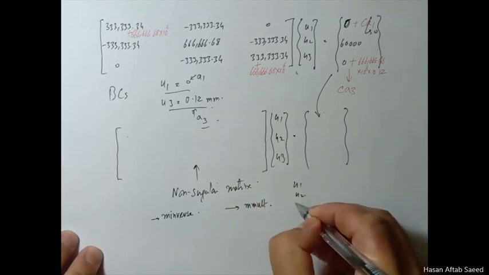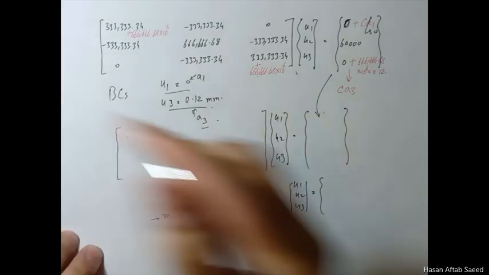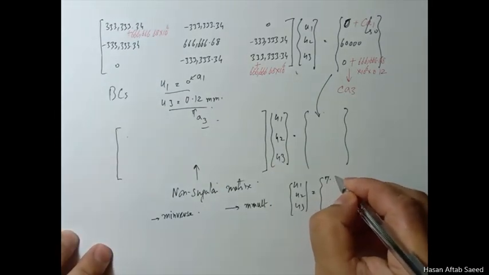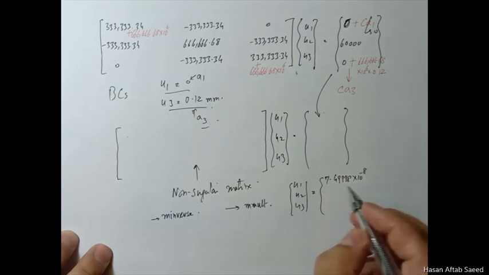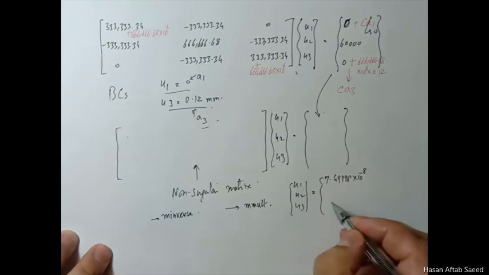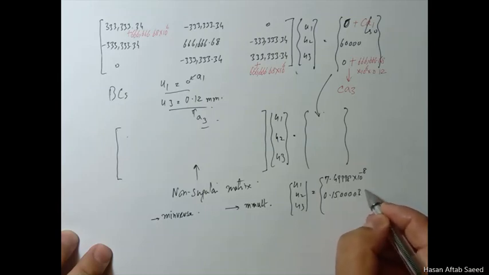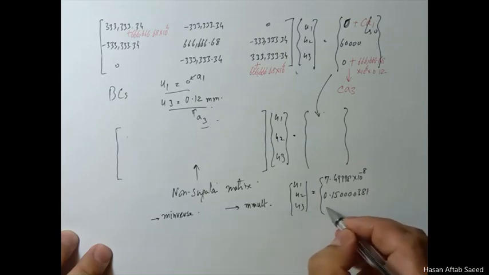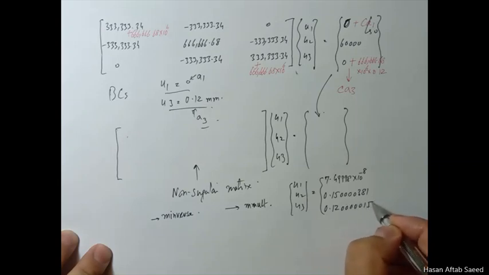Now the answers for this turn out to be, and I want you to verify this, u1 is 7.49998 into 10 raised to minus 8. Now don't worry about this, this is 0. Then here you have u2 as 0.150000381, and u3 is equal to 0.1200000015.